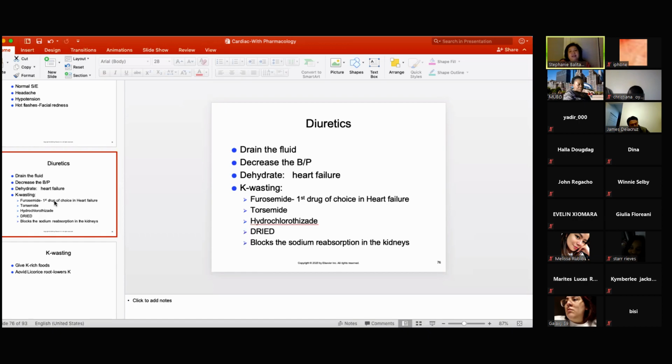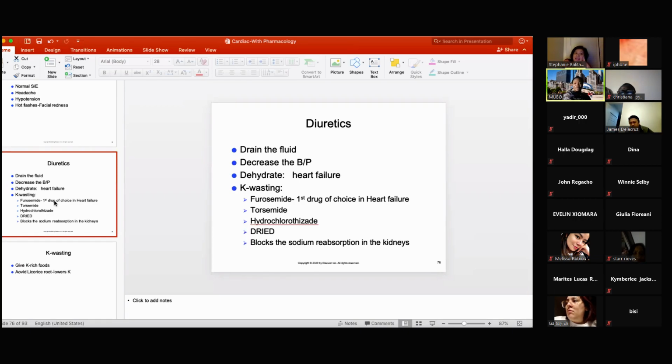Sometimes diuretics are used for heart failure. These medications mostly end in -ide: furosemide, torsemide, and Bumex, which also ends in -ide. Furosemide, what is the trade name for that?